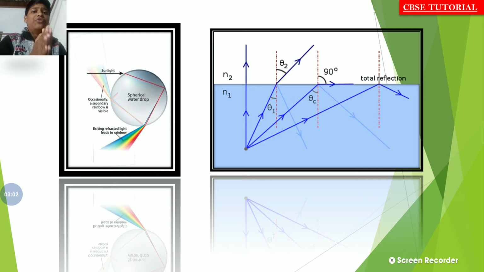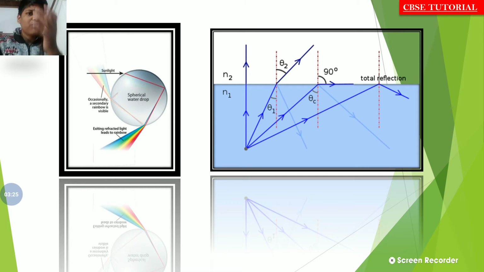So let us visualize these pictures. The point I am pointing at is a pointer in the water. Let us assume this is a swimming pool. From that swimming pool somebody is sending a light ray out of the medium, that is water, into the surrounding air.